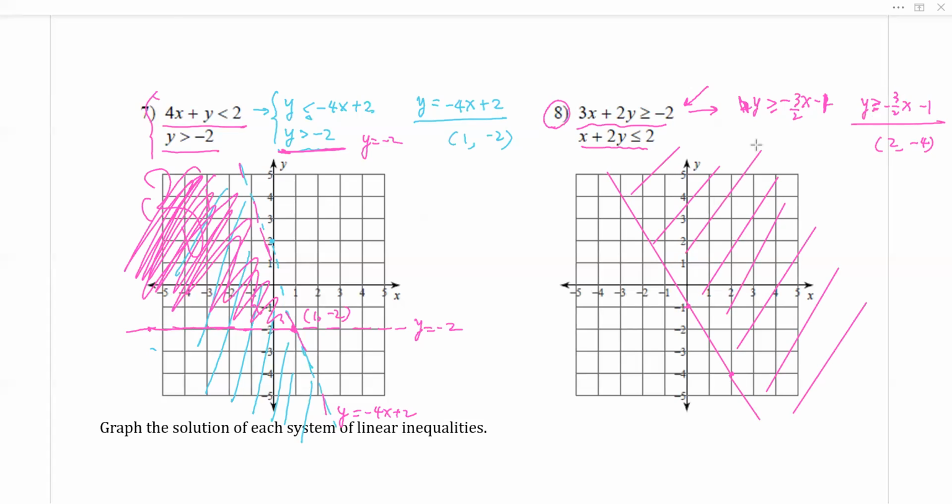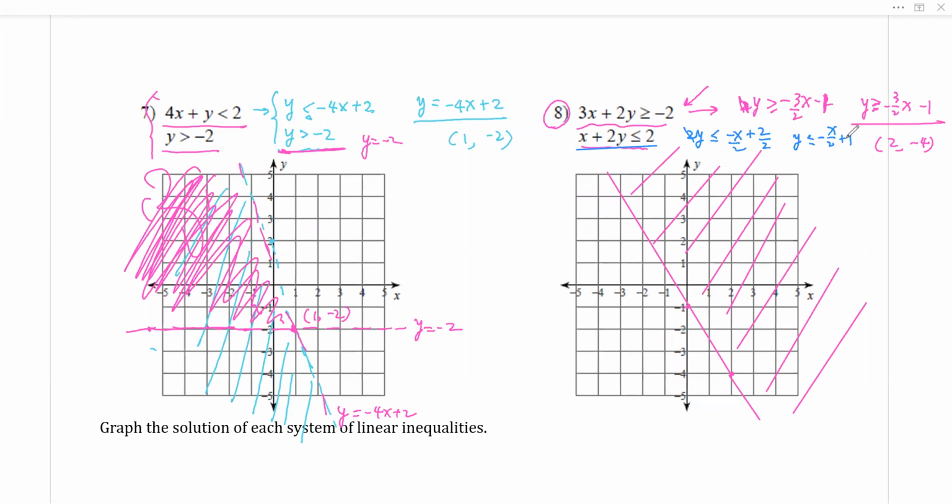Okay, so let's see the second one. Do the proper change here first. You can say 2y less than or equal to negative x plus 2, and both sides divide by 2. So y less than or equal to negative half x plus 1.